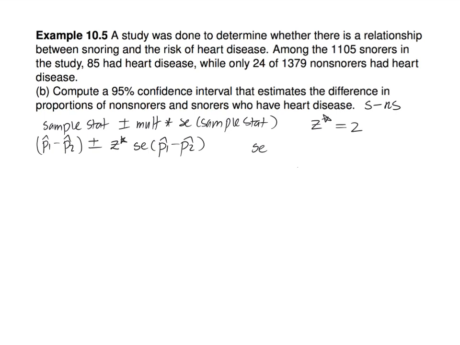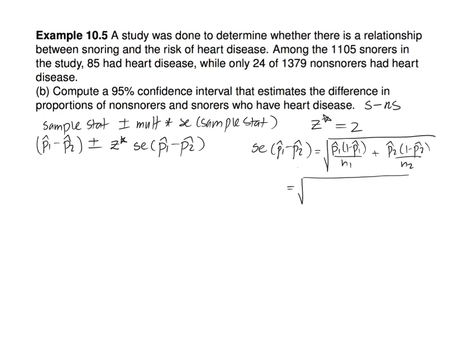Let's find the standard error of P1 hat minus P2 hat. This formula is kind of long, but here you go. It's root of P1 hat times 1 minus P1 hat over N1, plus P2 hat times 1 minus P2 hat over N2.